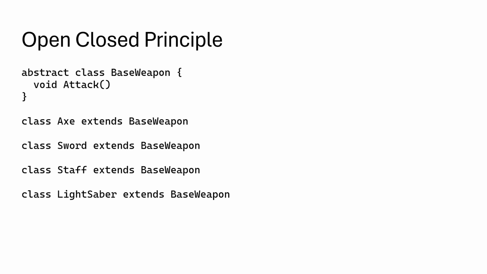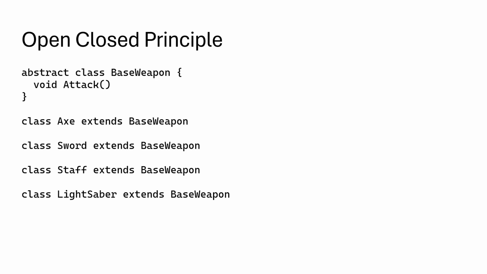And every new weapon that your designer tells you to add to the game is going to extend from this base weapon class, and then it will have its own behavior in the attack method. So you'll be able to modularly change a single weapon's behavior without touching all the other weapons' behavior code. So you can ensure that whenever you do modification or extension, you keep the original code base as original as possible, and it will reduce the chances of you accidentally breaking something.